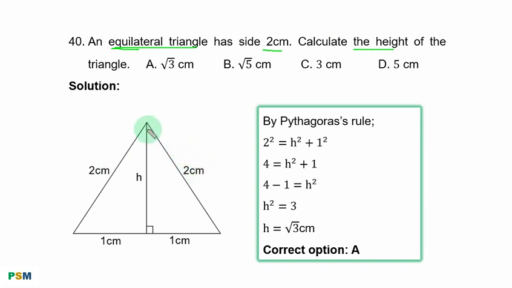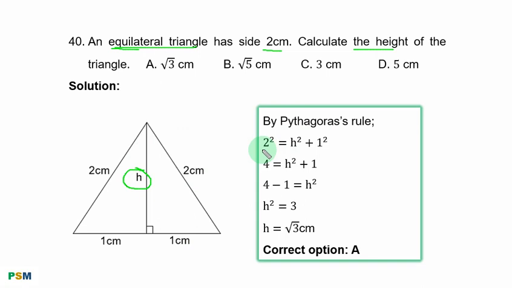Because of this height, this side becomes 1 cm, 1 cm. For you to have 2 when you add, you have a right-angled triangle. To get the height, you use Pythagoras rule. Hypotenuse, then the other 2 sides.